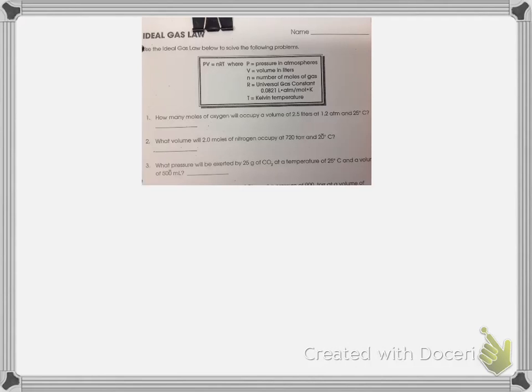We're being asked what volume, so that means we're looking for V. 2 moles of nitrogen would be our n. 720 torr indicates that's our pressure. And 20 degrees C is our temperature.